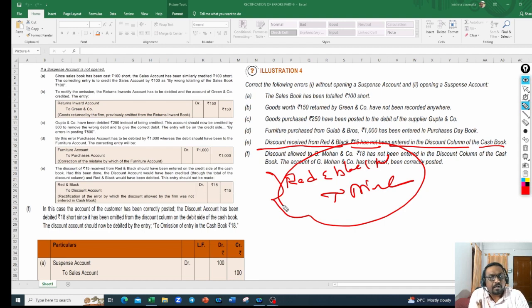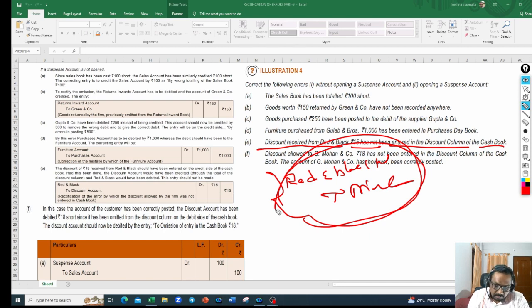There is no impact on suspense account because the error had an impact on multiple accounts. Since it has impact on multiple accounts, there is no need for suspense account. Hence, I rectified with Red and Black debit and discount account credit. There is no need for suspense here.